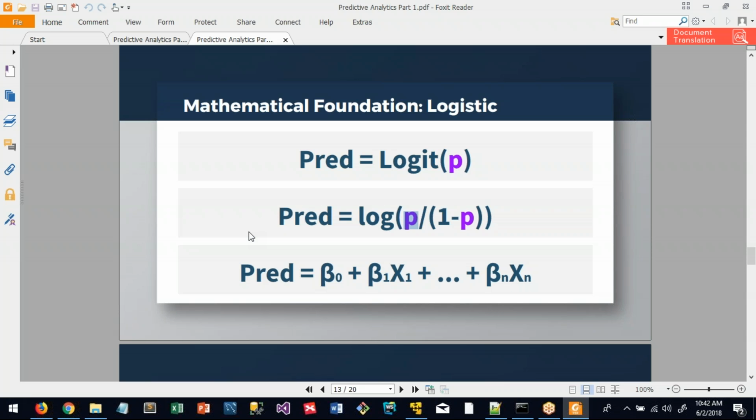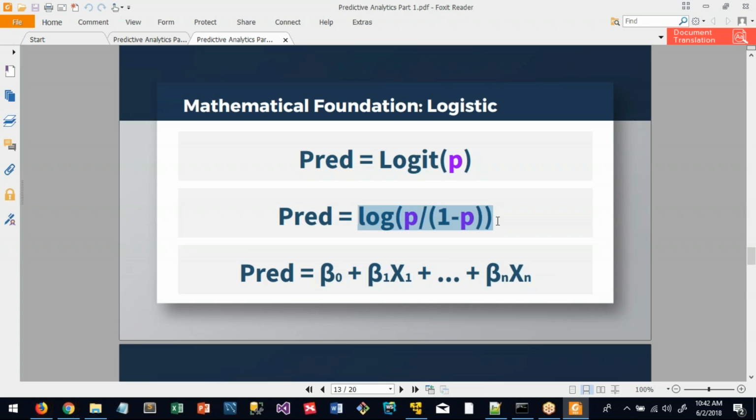Usually only one is chosen, so you say p is whether a person will get a heart disease. That's the meaning of p. So the probability that a person would get a heart disease is given by log of p divided by 1 minus p is equal to beta naught plus beta 1 x1 till beta n xn.